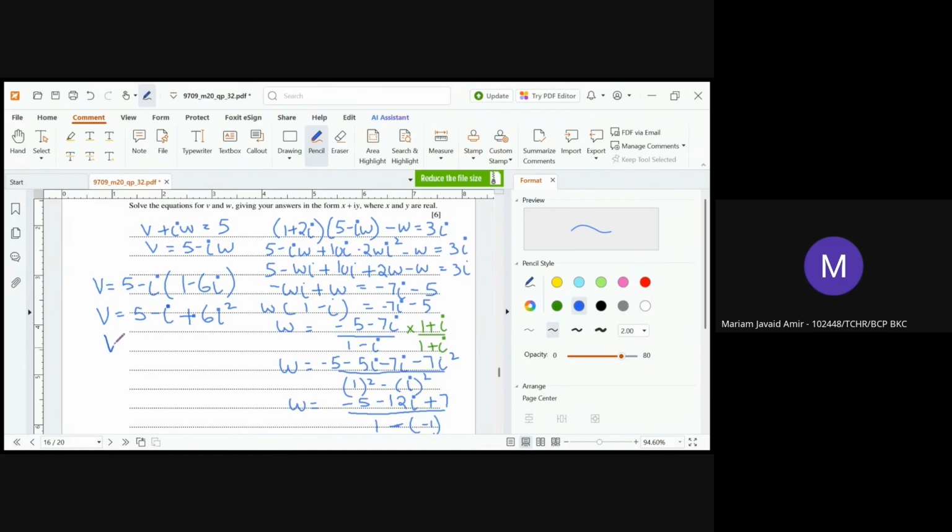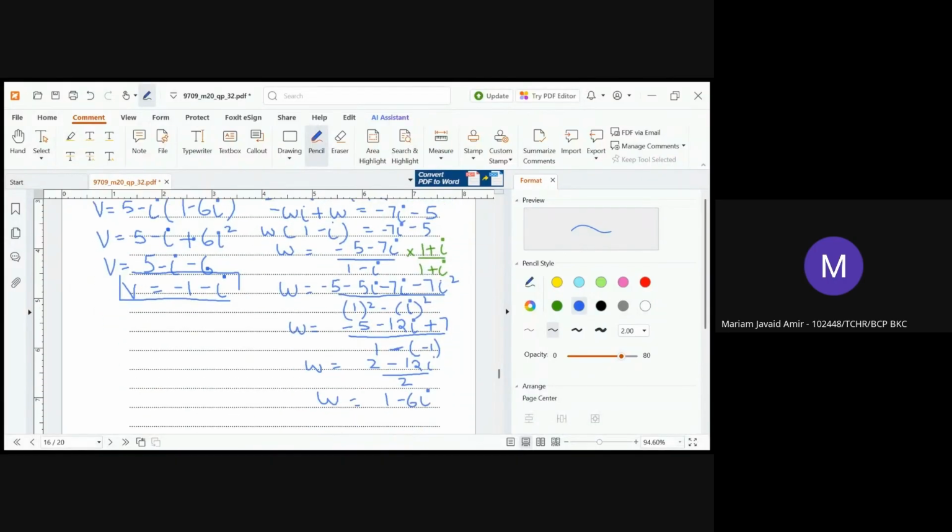Okay, that gives us 5 minus iota minus 6. That gives us minus 1 minus iota as the value of v. So v is this minus 1 minus iota, and w is this 1 minus 6 iota.